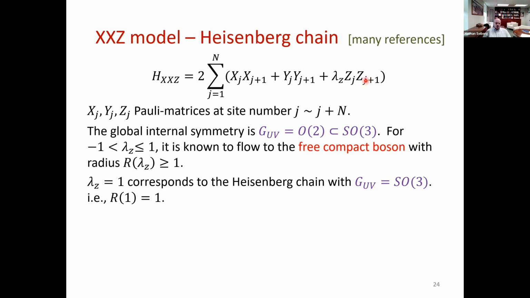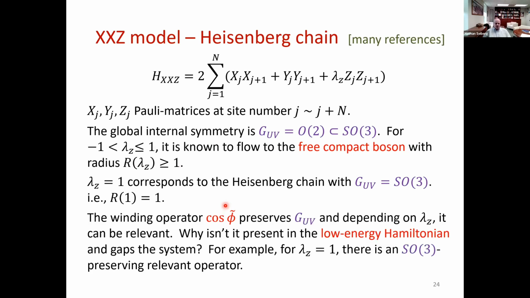Now, this model is solvable, but what's more to the point here is that depending on lambda Z, it flows to the free compact boson with a radius larger or equal 1. So for lambda Z equals 1, it flows to the compact boson with R equals 1 in my conventions. So for lambda Z equals 1, we have the Heisenberg chain with SO3 symmetry corresponding to R equals 1.